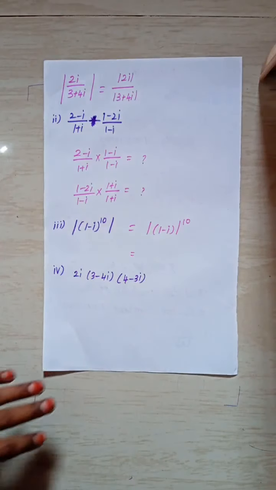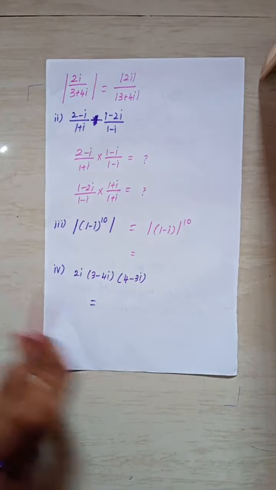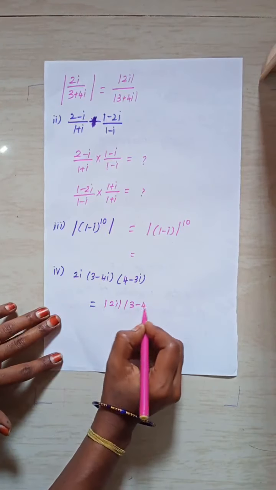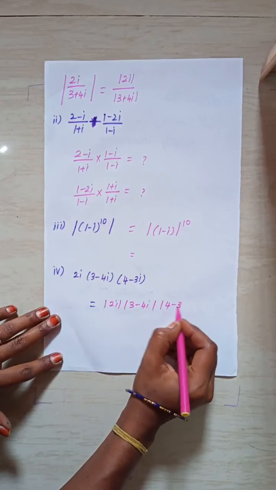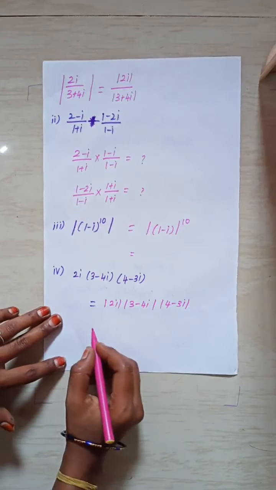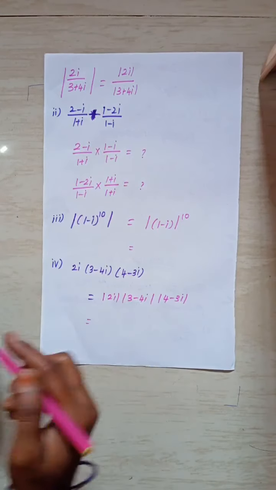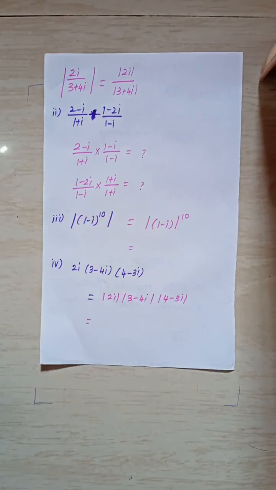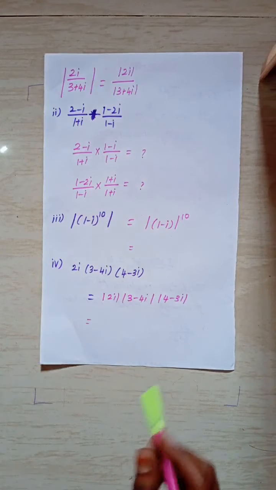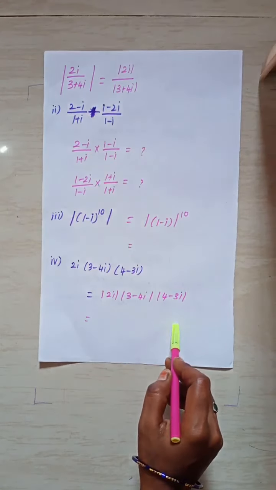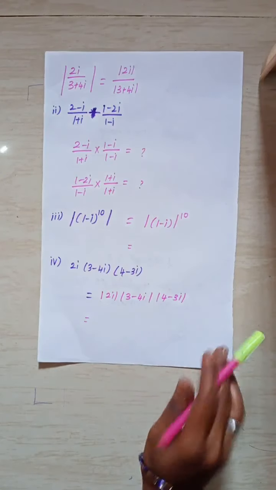Write it in separate moduli: modulus of 2i, modulus of 3 minus 4i, modulus of 4 minus 3i. Here the square root of 2 squared, here the square root of 3 squared plus minus 4 the whole squared, and here the square root of 4 squared plus minus 3 the whole squared. Finally we get the result.